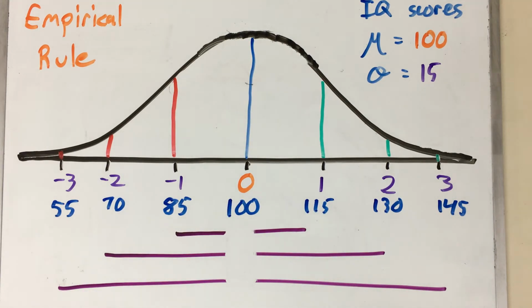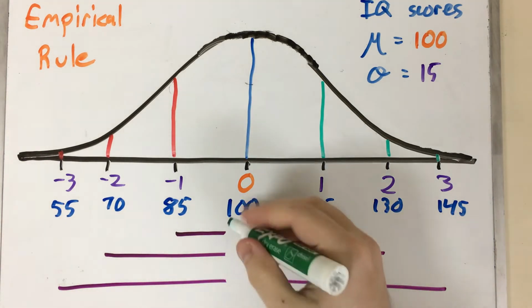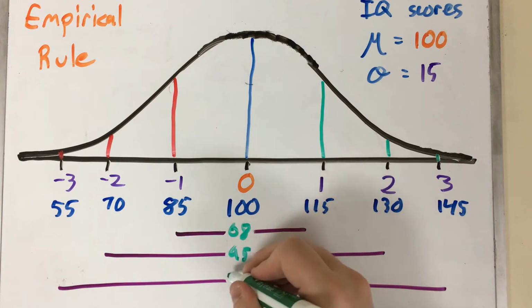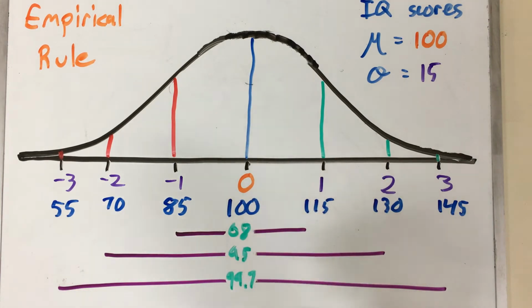The formal way to think about the empirical rule deals with just three numbers: 68, 95, and 99.7. All of these numbers are percentages, and in fact they are percents of data between -1 and 1 standard deviation for 68, -2 and +2 standard deviations for 95, -3 and +3 standard deviations for 99.7.